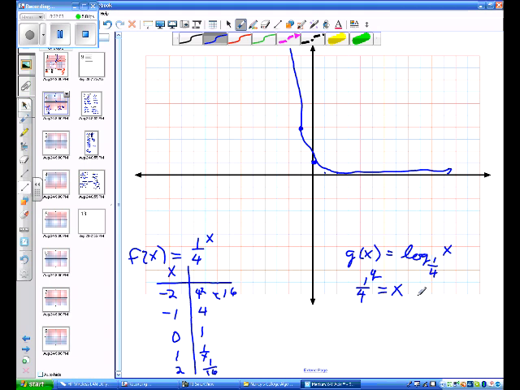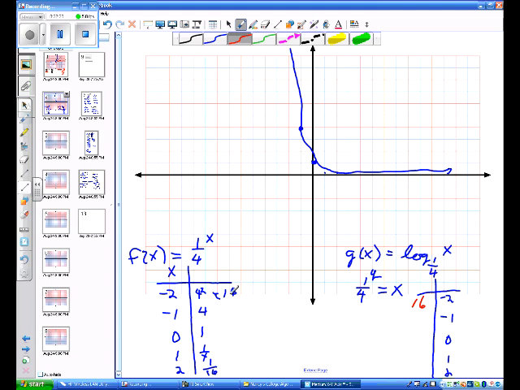When I make my chart here, I'm going to pick my y values, -2, -1, 0, 1, and 2, and find my x values. So 1/4 to the -2 would be 16.